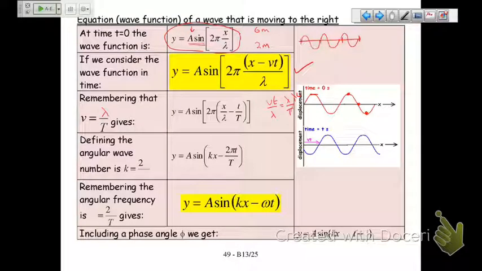Kind of makes sense. And if we also recognize that the angular wave number k equals 2 pi over lambda, do you remember that?